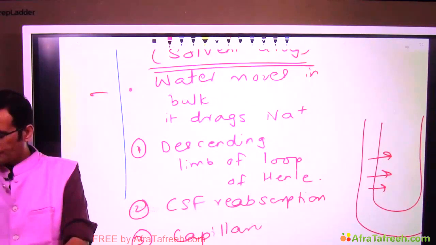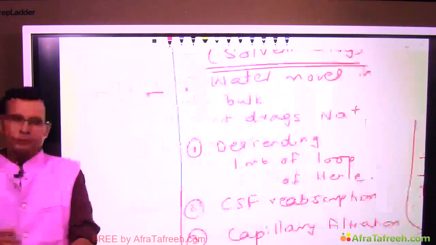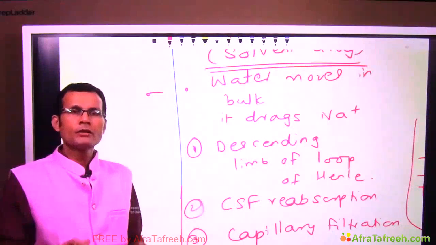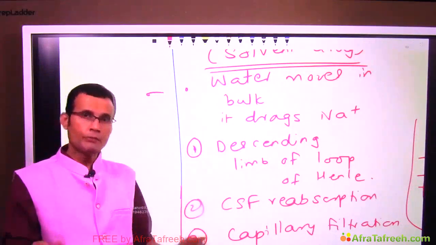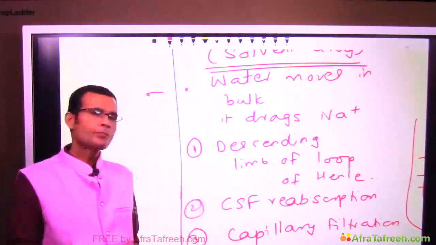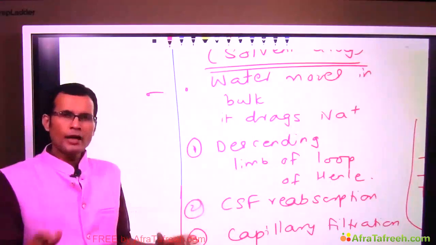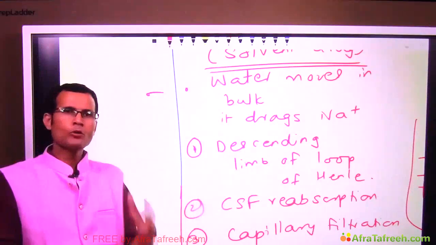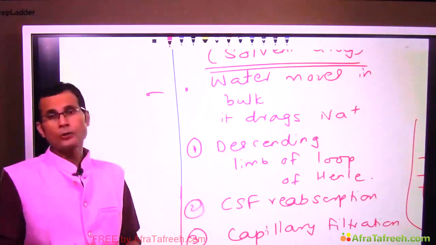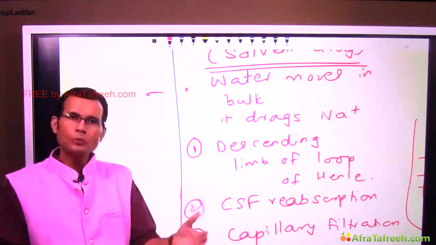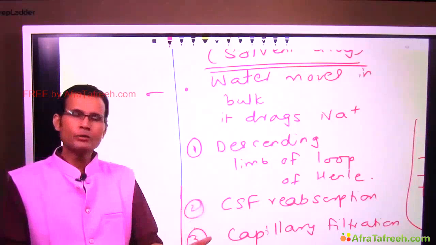Capillary filtration, another example of solvent drag. You know, in and around the capillaries, there are Starling's forces. We are going to discuss those Starling's forces later on in the CVS. But these Starling's forces, like capillary hydrostatic pressure or plasma colloid oncotic pressure, are going to cause movement of water either out of the capillary or back into the capillary.